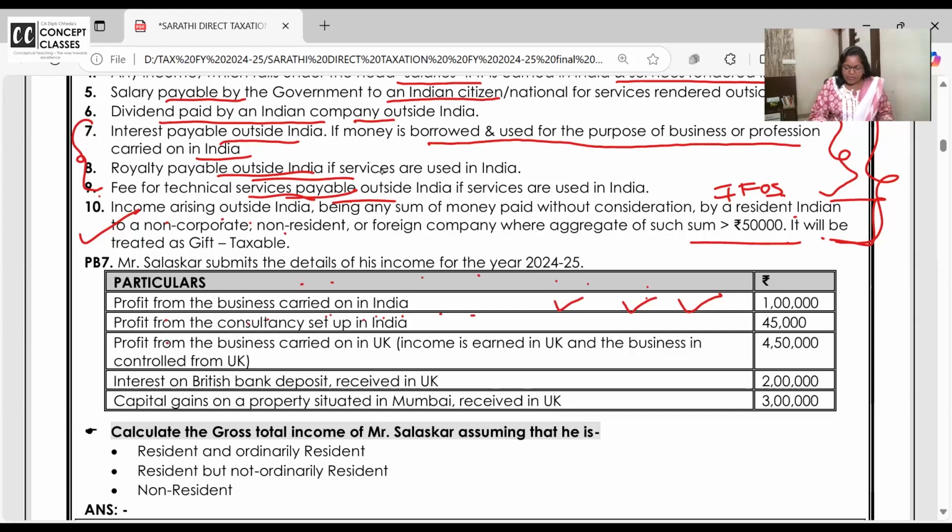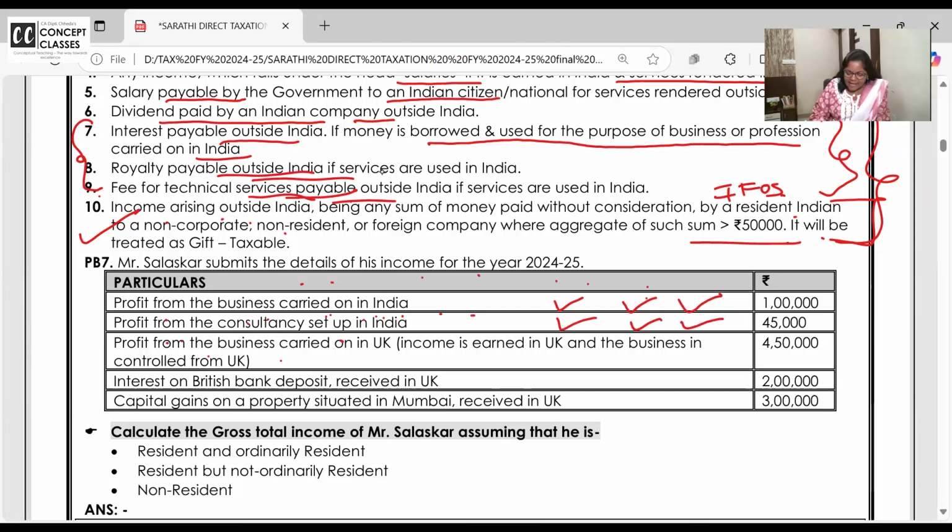Now, profit from consultancy, which is set up in India, right? If the consultancy is set up in India, it will be taxable for which column? You can say yes, yes, yes. So I can hear you all. For everyone. Great.